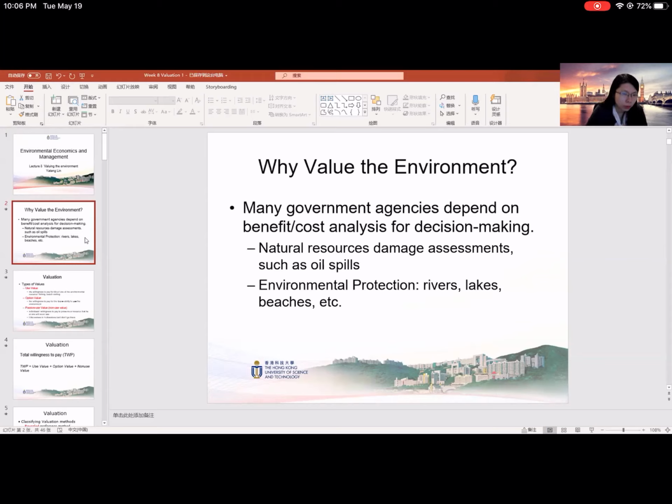Or sometimes when we're talking about protection of natural resources, how do we value the benefits of environmental resources? They're public goods, right? You don't pay to visit national parks. You don't pay to breathe clean air. So how are we going to say how much clean air or how much national parks are worth? That's the basic question asked in environmental valuation.